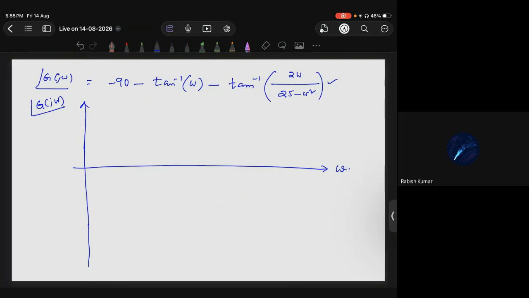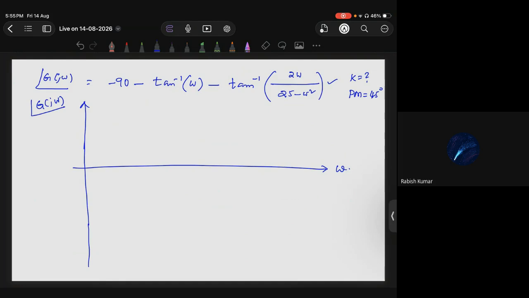We said that we are interested to find the K value for which the phase margin is 45 degrees. Basically, what is phase margin? It is how much the phase plot deviates from minus 180. Here, what is the deviation? That is 45 degrees.